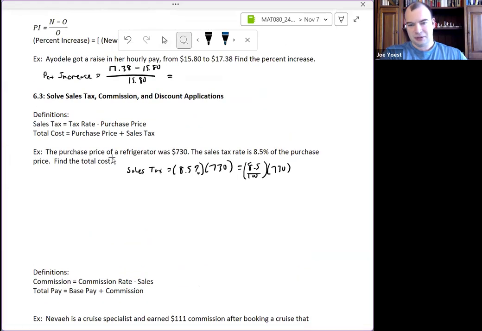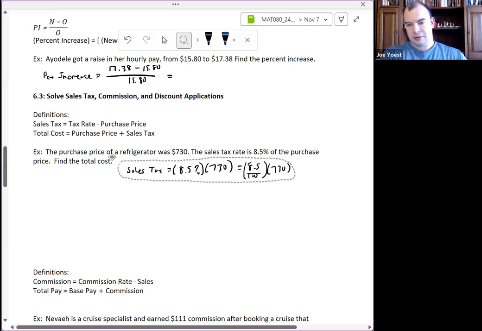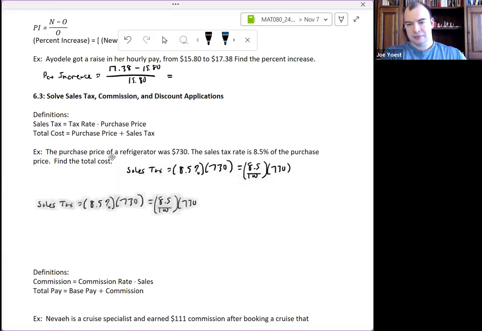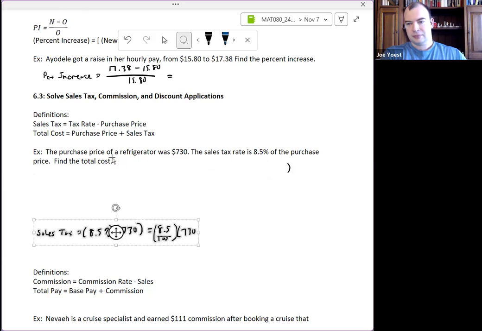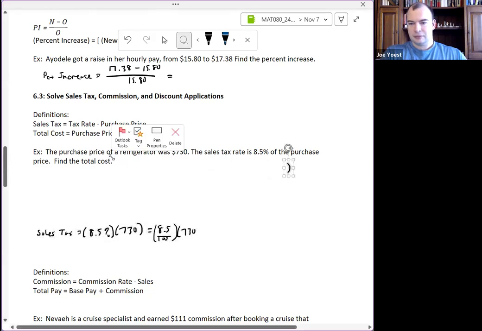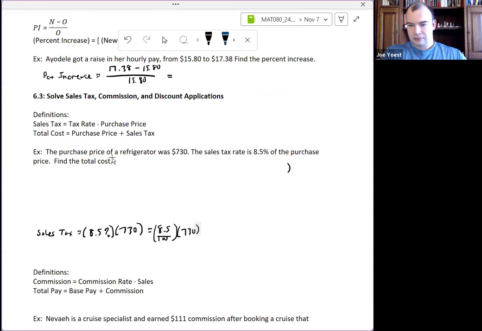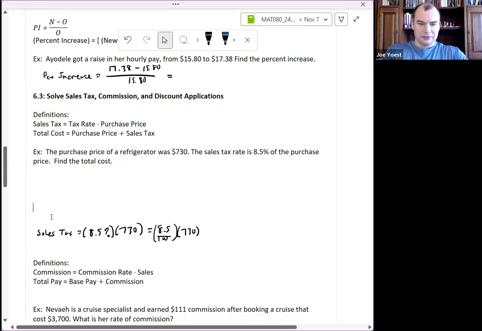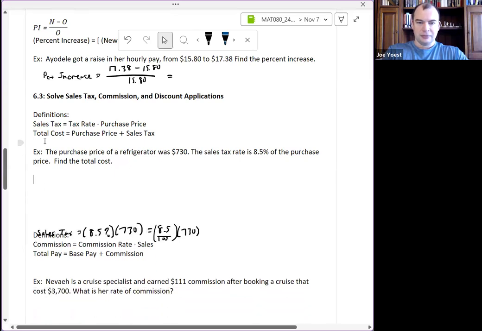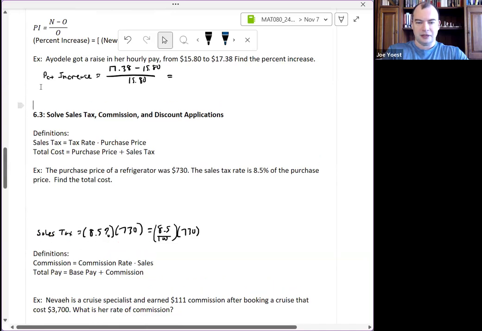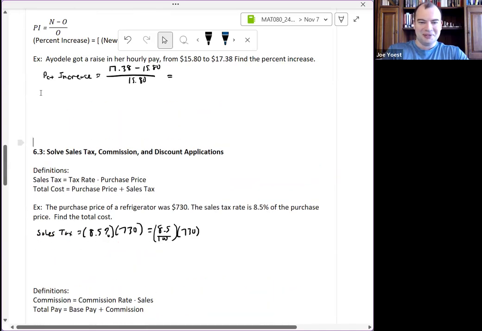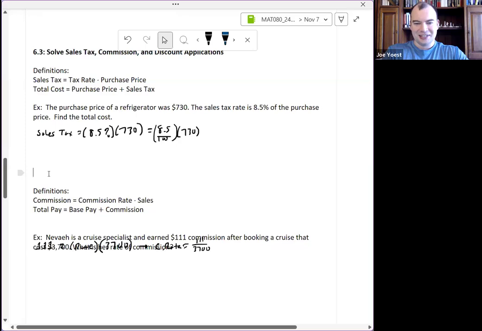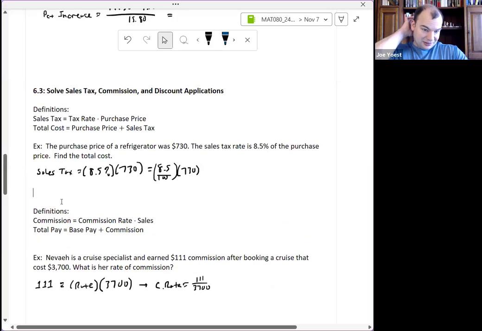And the same with this one. What do I need to do here? I think I did the same thing I did last time. There we go. All right.